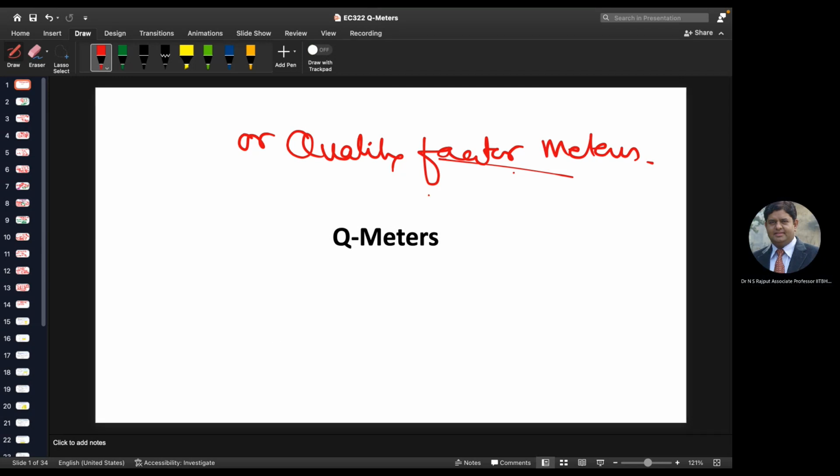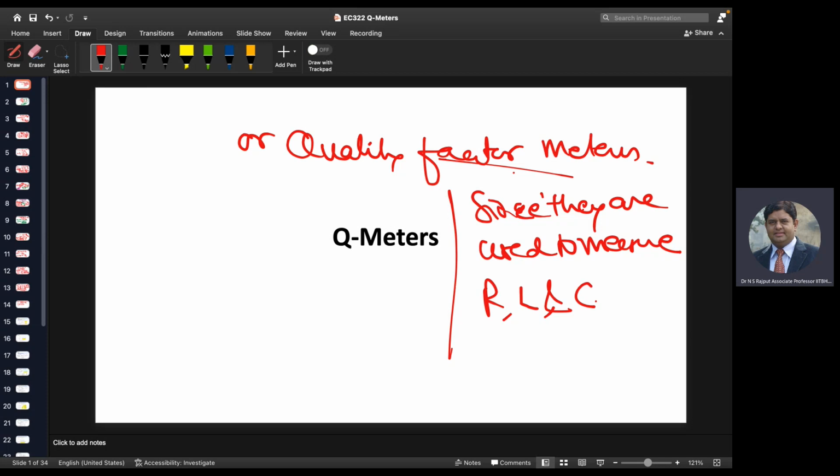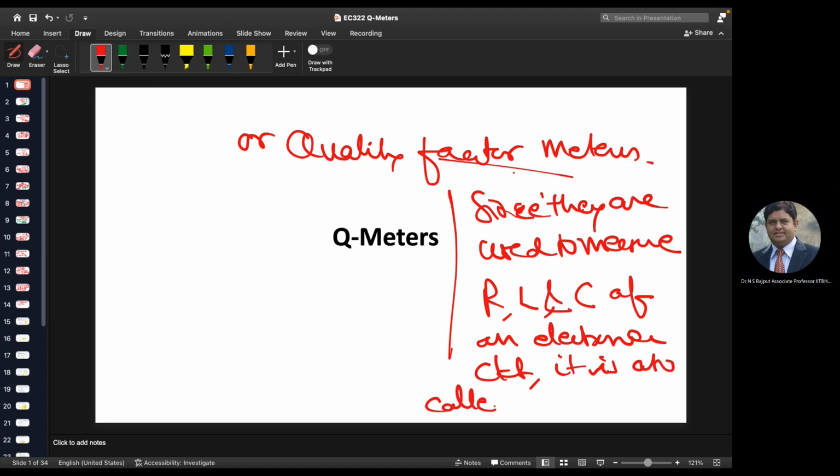And since they are used to measure R, L, and C of an electronic circuit, it is also called an RLC meter, right?